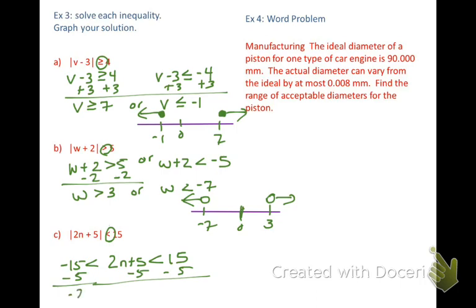So you're going to have negative 20 is less than 2n less than 10. So you do your dividing and you'll get negative 10 is less than n less than 5. Then you graph it. You have 0, negative 10, and 5. They're both open. And this is an and, so it goes in between.